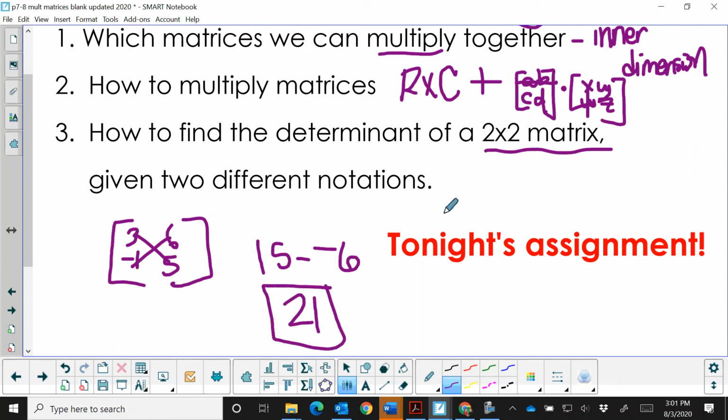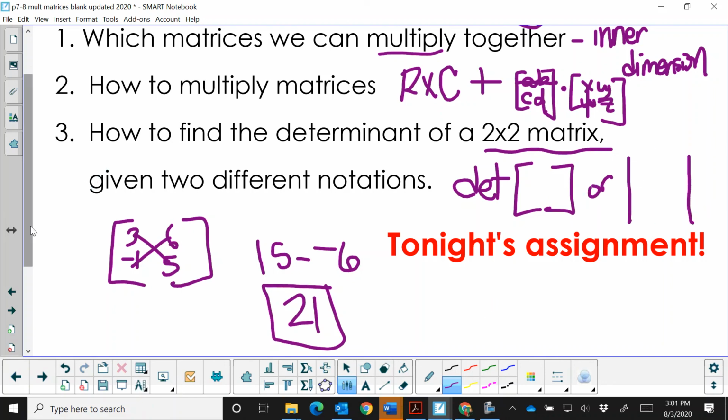And remember the two notations. You might have determinant of a matrix, or you might have that absolute value bar, meaning find the determinant.